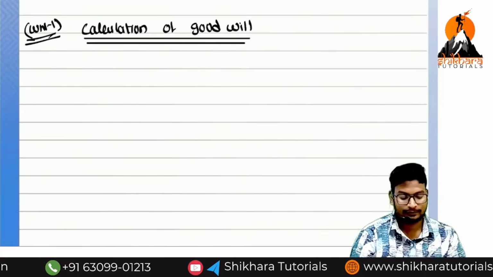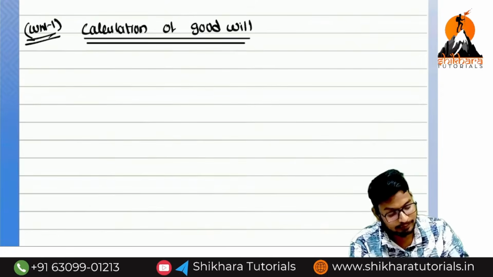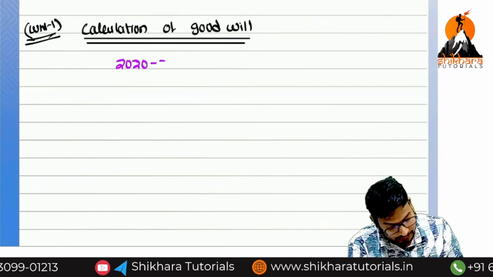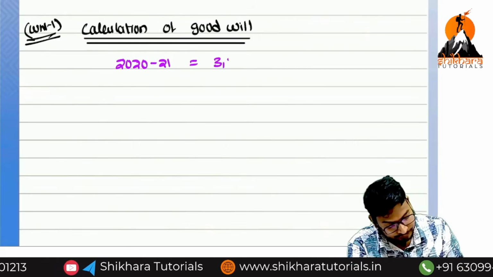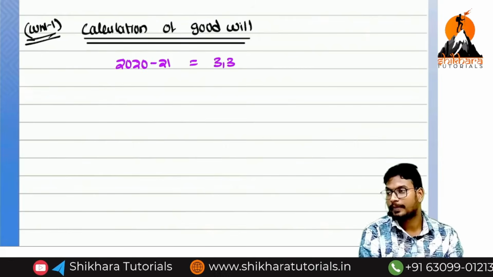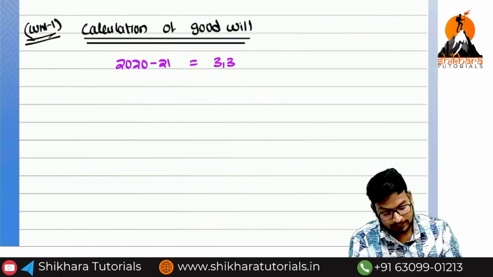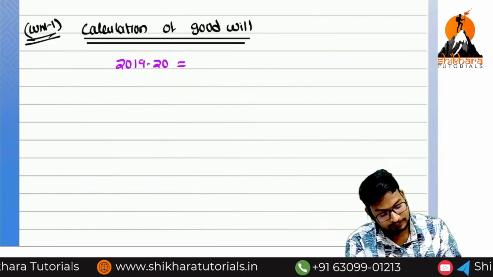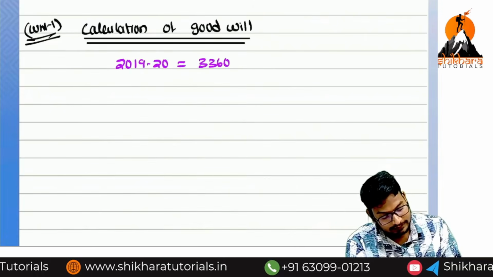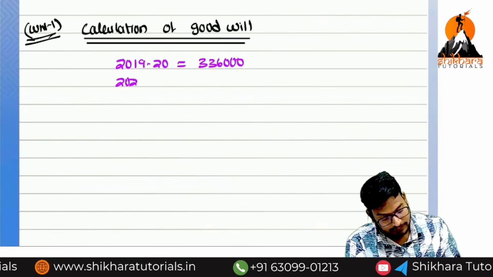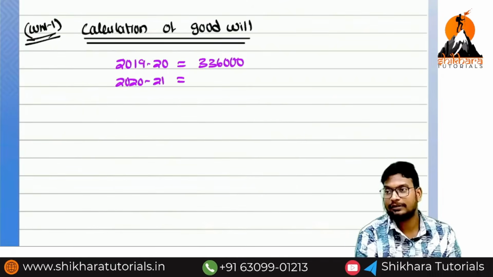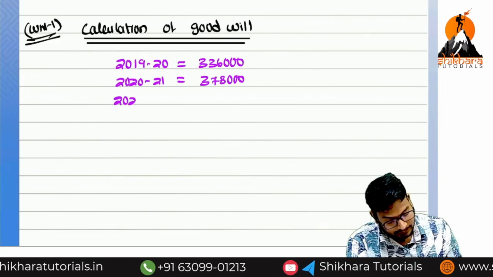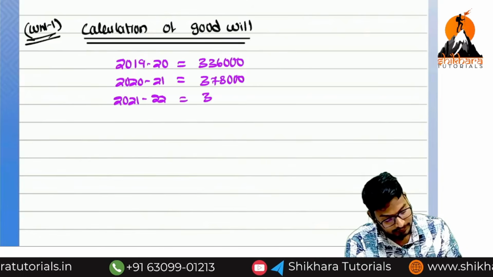Here we have the simple average only. The profits they have given in the question: the first year, 2019-20, 3,36,000. The next year, 2020-21, 3 lakh 78 thousand. Next, 2021-22, 3 lakhs.